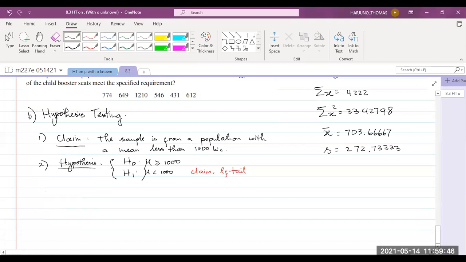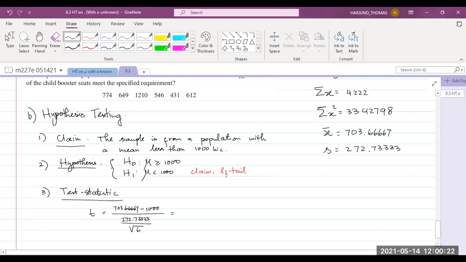Step 3, test statistic. T is equal to x bar, 703.66667 minus 1,000, over 272.7333 over square root of 6.